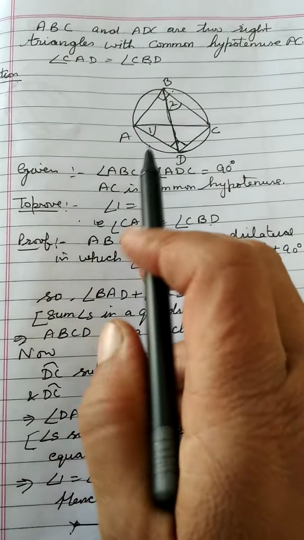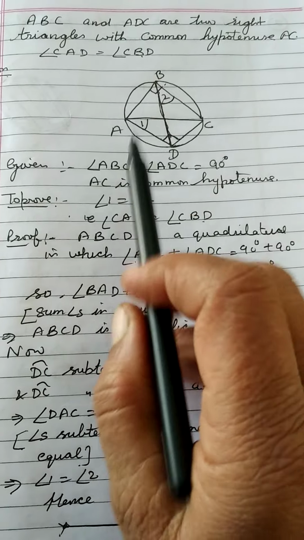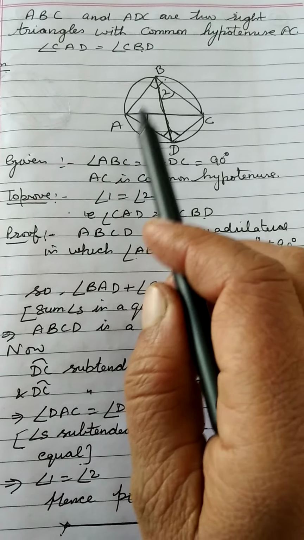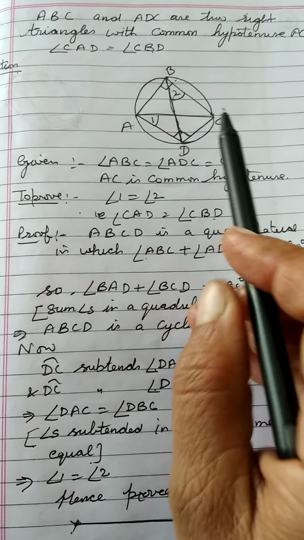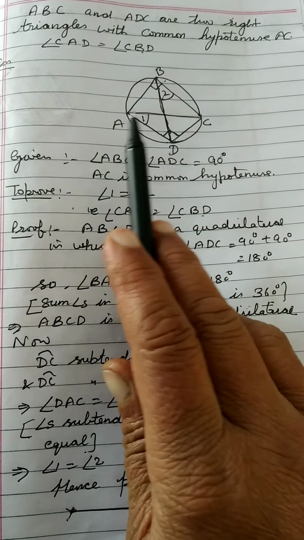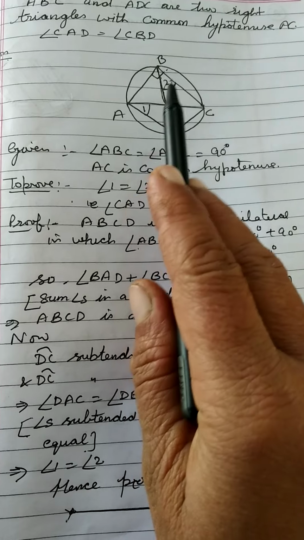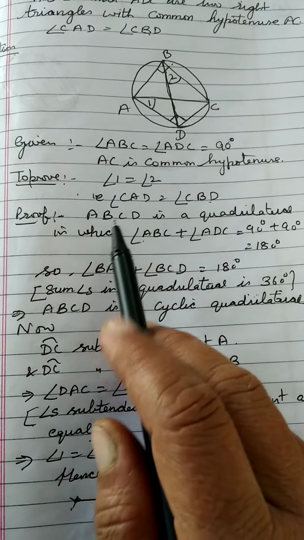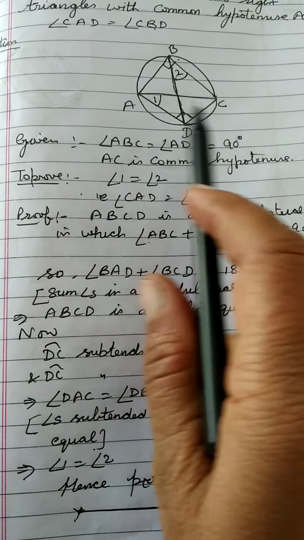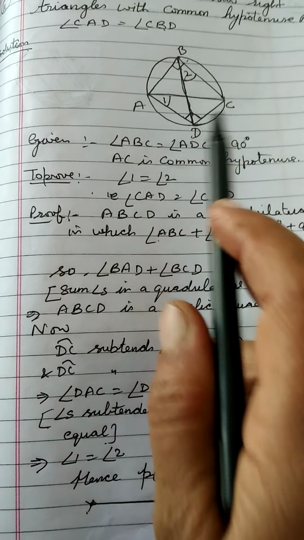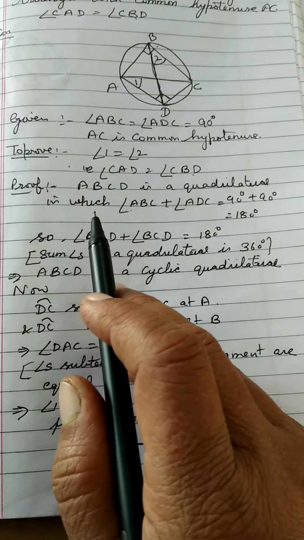Now given is that angle ABC is equal to angle ADC equal to 90 degrees. AC is the common hypotenuse. To prove is this angle 1 is equal to angle 2. Angle CAD is equal to angle CBD. This we are to prove. We take the proof.